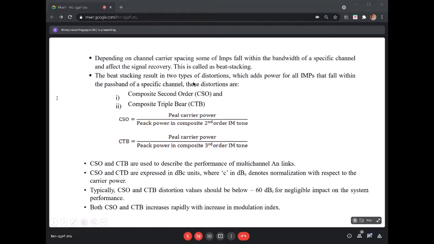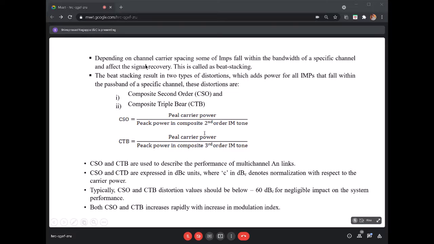And once it falls within the bandwidth, it is definitely going to affect the signal recovery, so it will be difficult for us to recover. This problem we call beat stacking. So this beat stacking is going to result in two types of distortion.